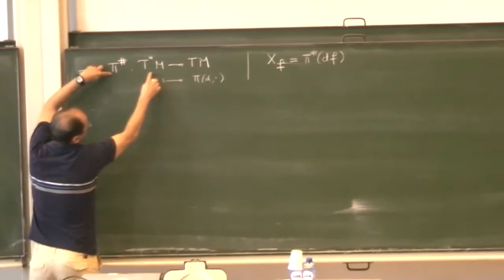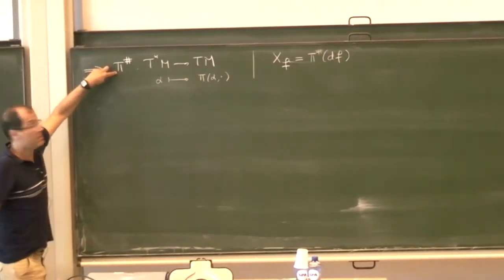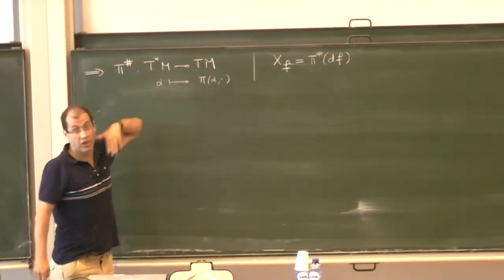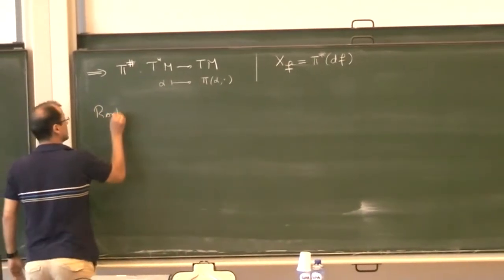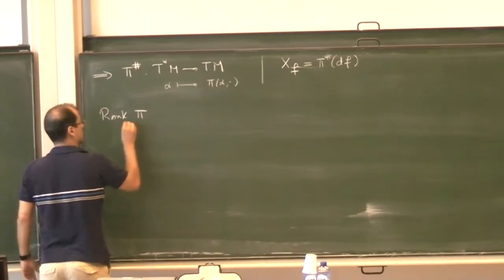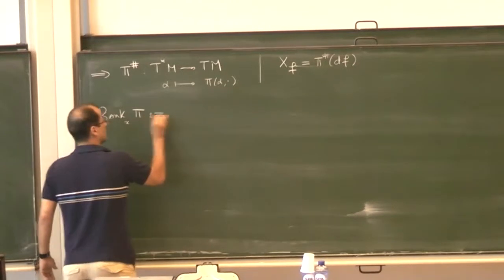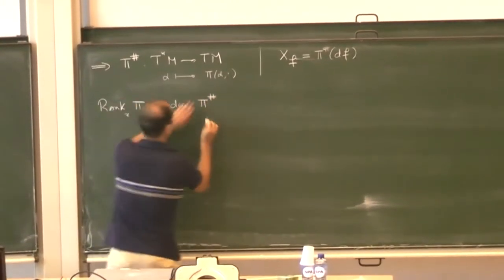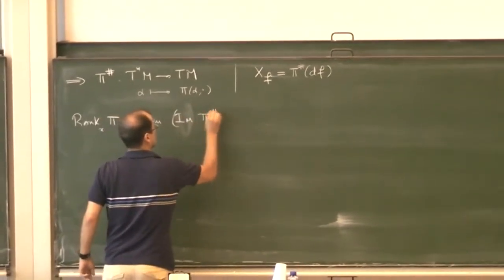So this is a linear map at each point from the cotangent space at that point to the tangent space at that point. This linear map can have range with varying dimension. So we call the rank of the Poisson structure at the point x, by definition, the dimension of the range, the image of pi sharp at x.